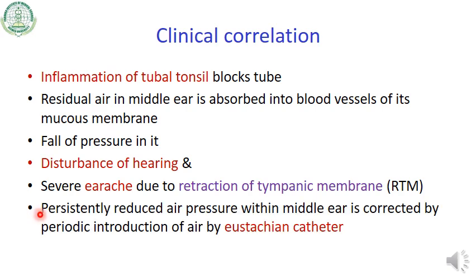If there is a persistently reduced air pressure within the middle ear, it is corrected by periodic introduction of air by Eustachian catheter. So to keep the pressure in the middle ear cavity and outside equal, this Eustachian catheter is used and it may reduce the earache or the pain.